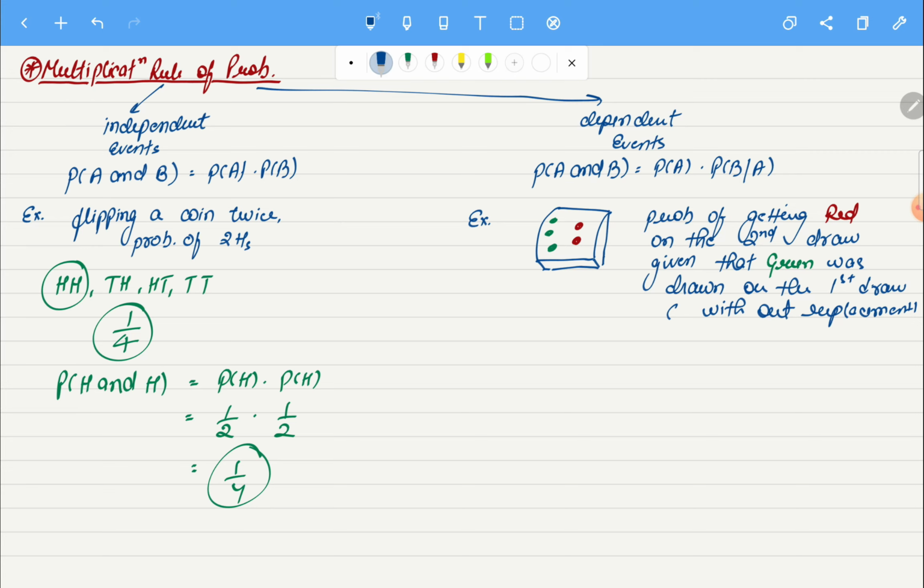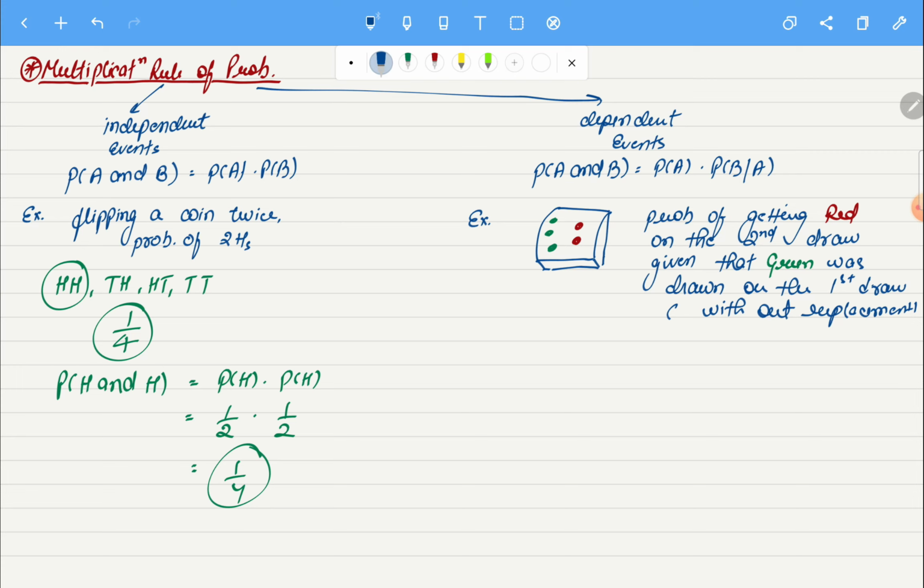If we take out one ball on the first draw, then when we find the probability of red the second time, there will be fewer balls than in the first case. That's why the ball we draw in the second trial will depend on which type of ball we found in the first try.